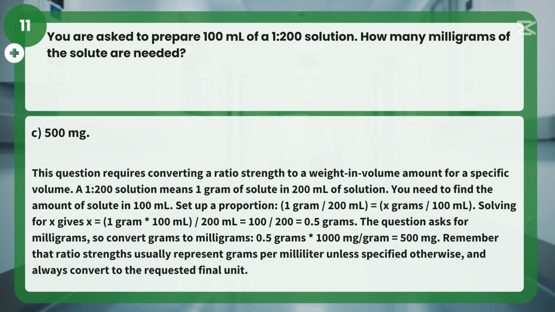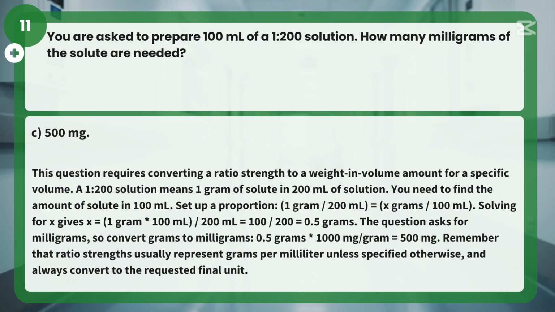Answer C. 500 milligrams. This question requires converting a ratio strength to a weight in volume amount for a specific volume. A 1:200 solution means 1 gram of solute in 200 milliliters of solution. You need to find the amount of solute in 100 milliliters. Set up a proportion, 1 gram/200 milliliters equals x grams/100 milliliters.